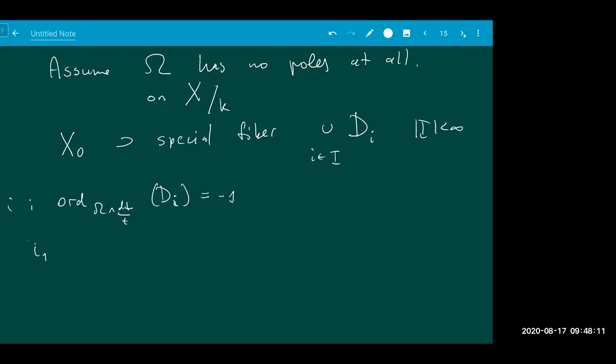We consider collections of Y_i's such that the order of the pole along each is equal to 1. We have poles of order 1, and the intersection is non-empty. And by assumption, because of simple normal crossings, it should be an irreducible variety.